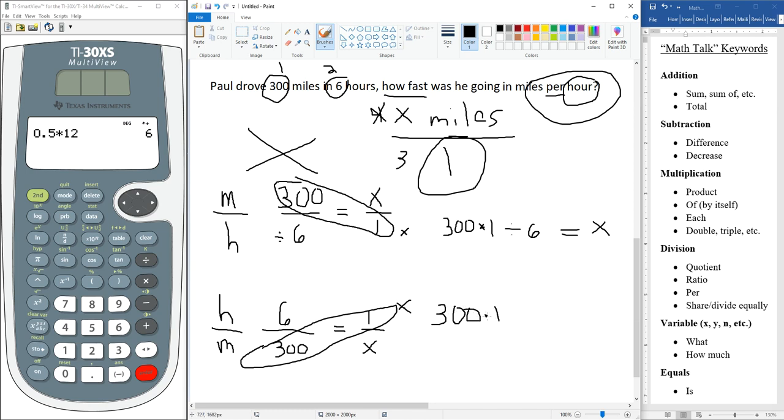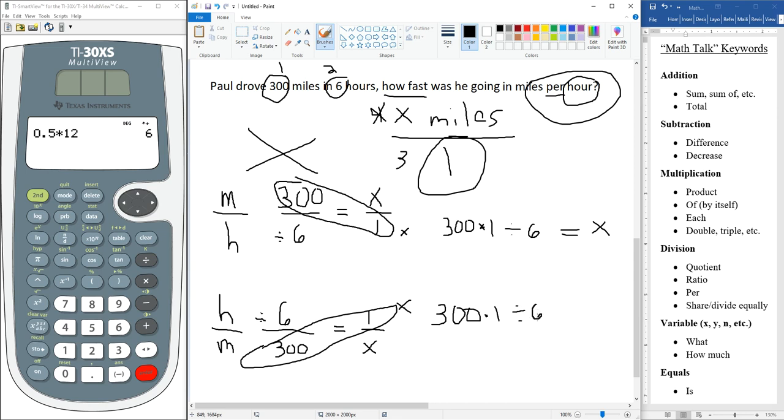We can use our dot there, or our regular multiplication sign, or our asterisk like the calculator uses if we'd like. And again, we have 6 in an X pattern across from the variable, in this case X. That's what we're going to divide by. So 300 times 1 divided by 6.